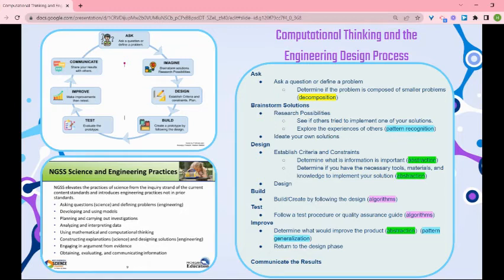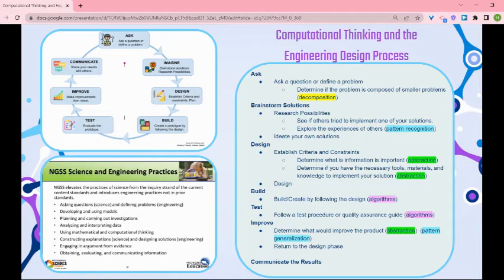So, as I was talking about earlier, this is really the thinking process behind the design processes that we've been talking about. Computational thinking is clearly embedded in everything you do.